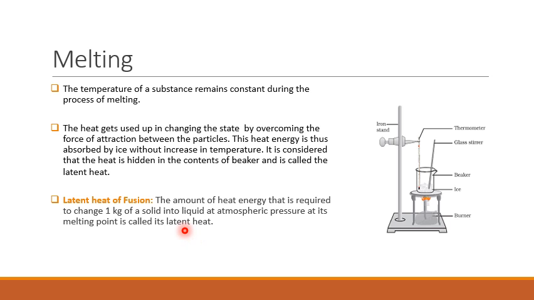So what is latent heat? It is the heat required to melt 1 kg of solid to liquid. So the amount of heat energy which is required to change 1 kg of solid into liquid at its melting point is known as latent heat. And since here the process of fusion is taking place, we call it latent heat of fusion.